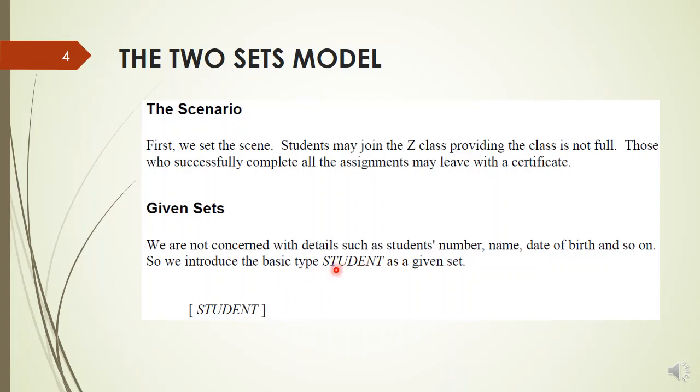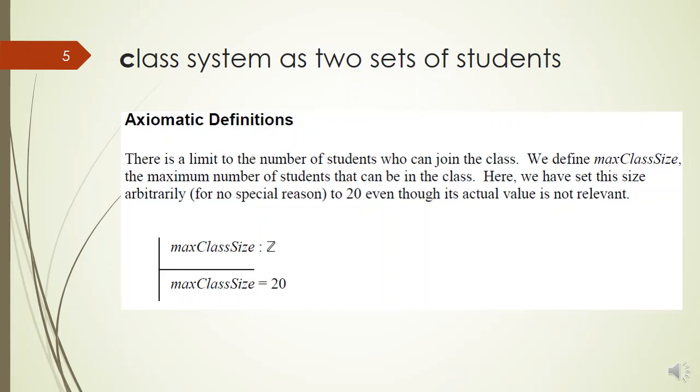and in Z specification language, a set which is declared as a type should be enclosed with square brackets. We have already discussed that any global variable can be declared using axiomatic definition.